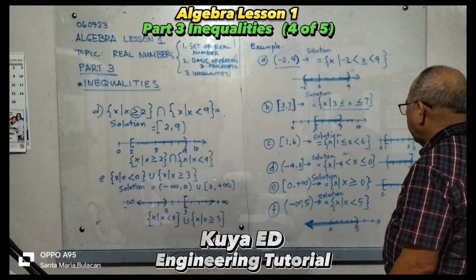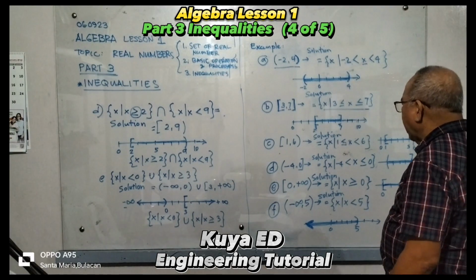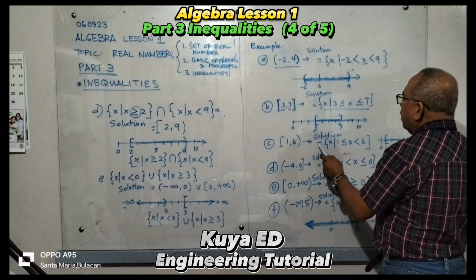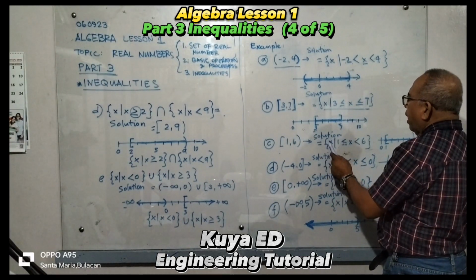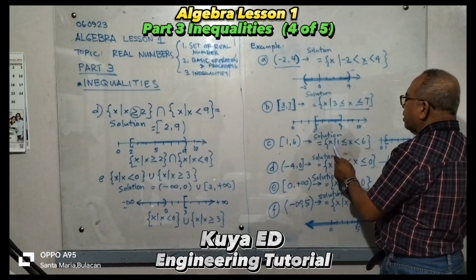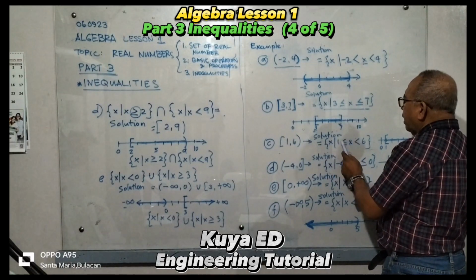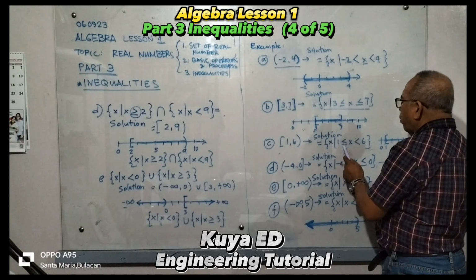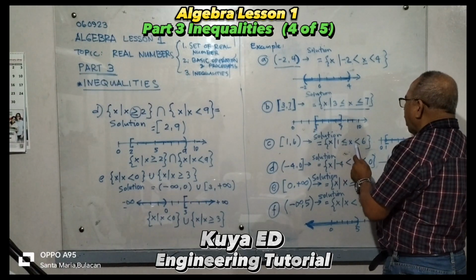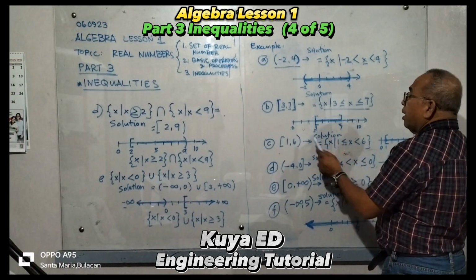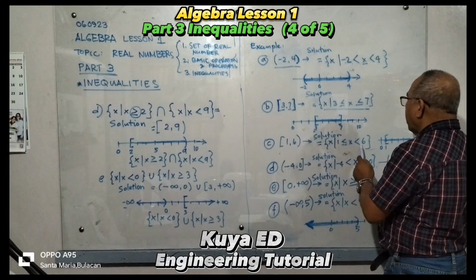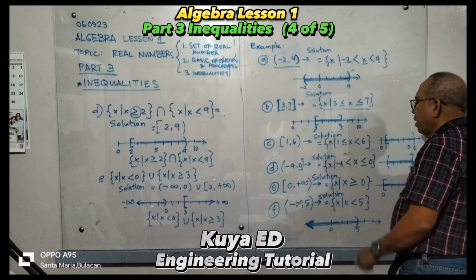No? So, we will use the less than sign. Okay, so that's why we have the solution here, x such that 1 is less than or equal to x, and x is with a parenthesis less than 6.